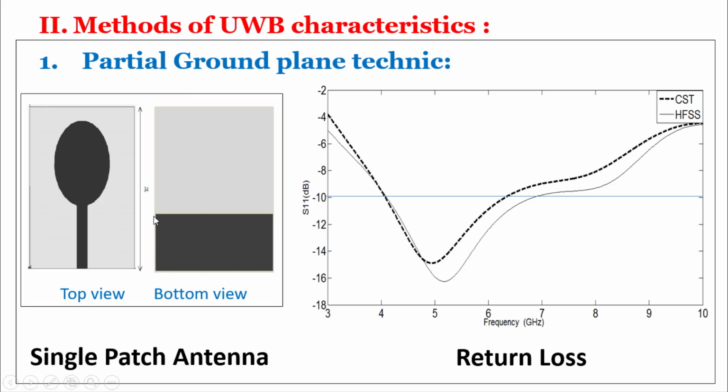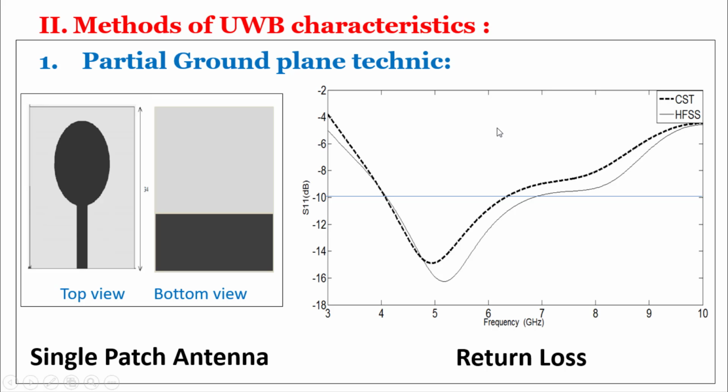A simple antenna has a total ground plane, but to have ultra wideband characteristics we need to work with a partial ground plane, with the radiating element and feed line in the top view.